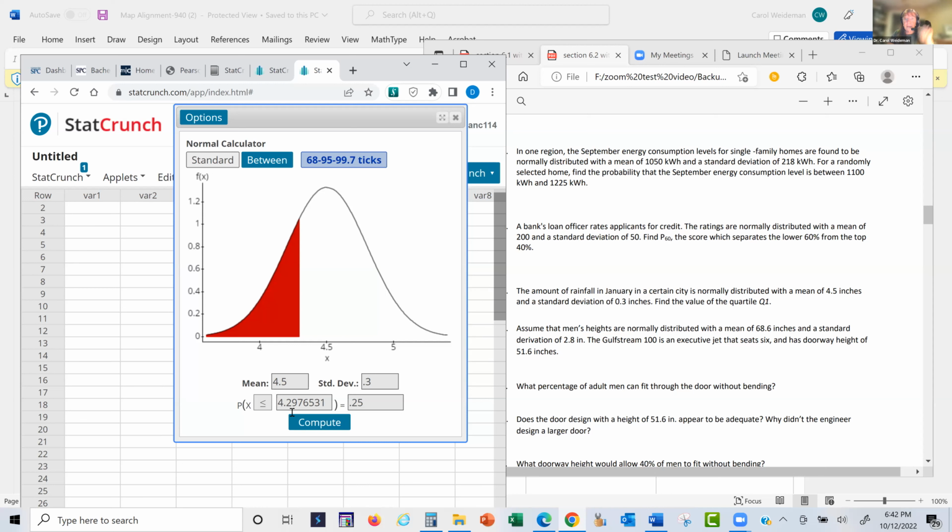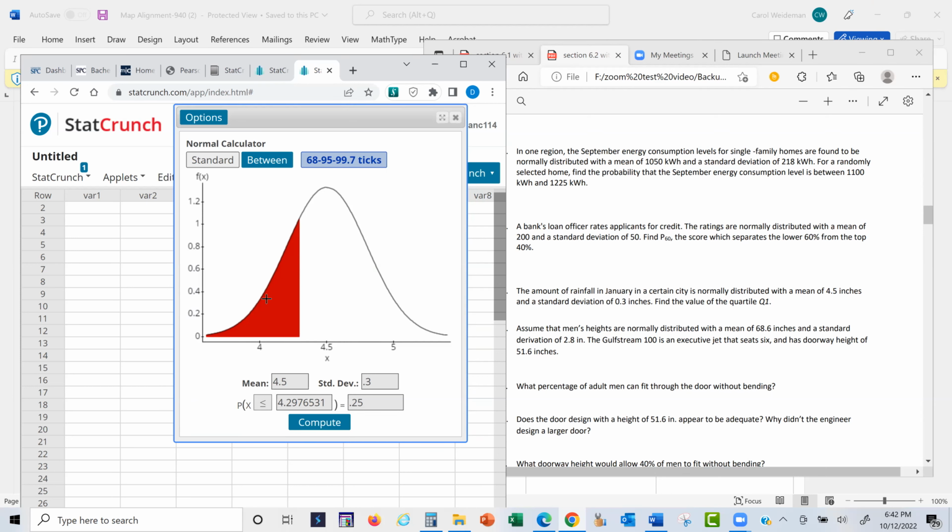My question though, since you used a less than sign, how do we understand when to use a less than versus a greater than? Depending on whether you're going to the left or to the right. If you're trying to find a probability of something less than, you're going to use less than, the area to the left.